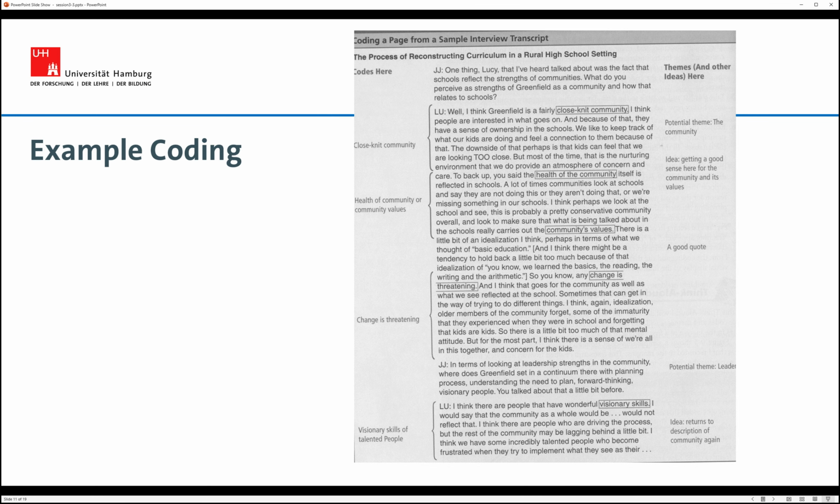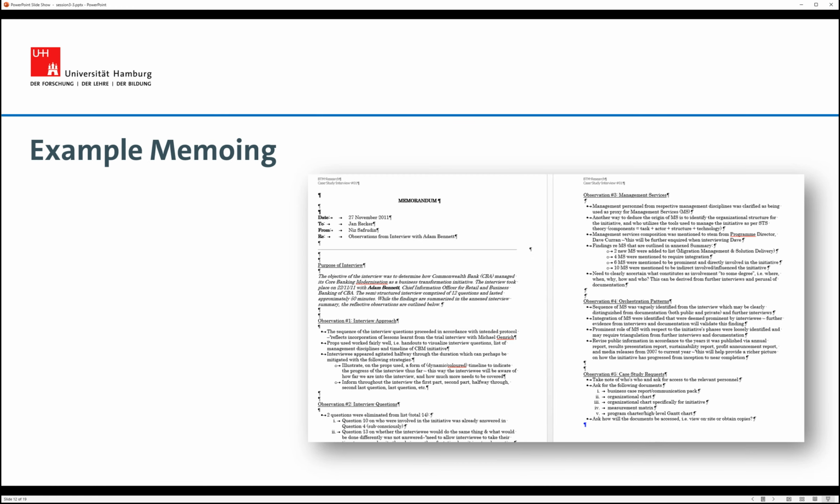And then you could also relate them to themes and ideas, which is a form of memoing if you want. This is a memo that we produced after data collection. This, for example, is from a study where we studied senior directors at Commonwealth Bank, a large bank, and we noted down observations that we had from talking to the chief information officer at that time.